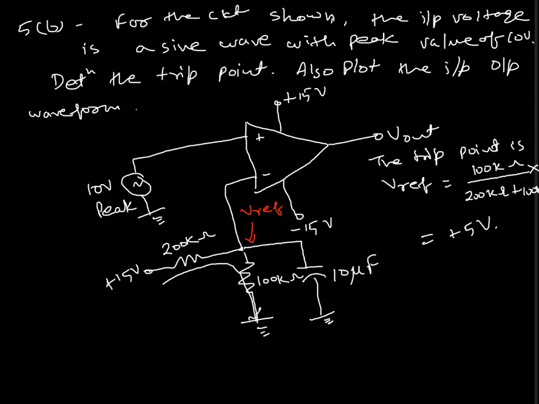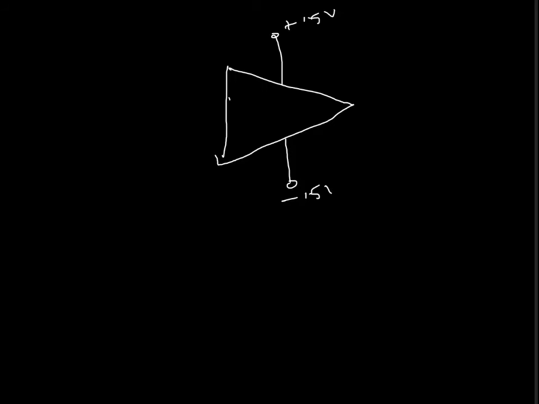Now we have to plot the input output waveform. Let us redraw the circuit with the trip point. This is the op amp, plus VCC is plus 15 volt, minus VCC is minus 15 volt. This is the Vout.